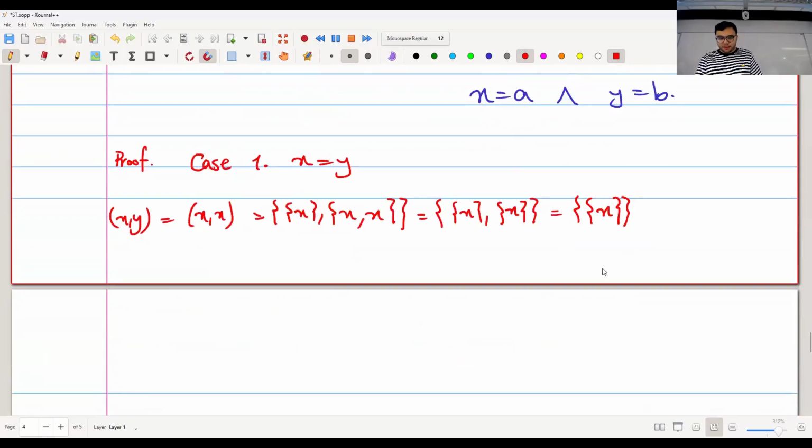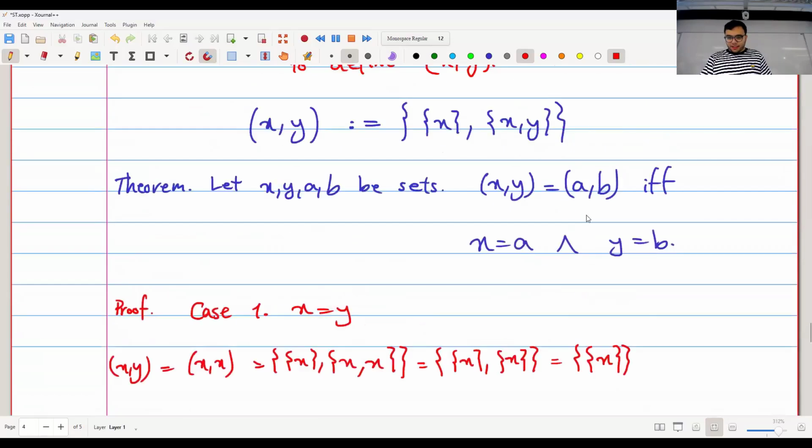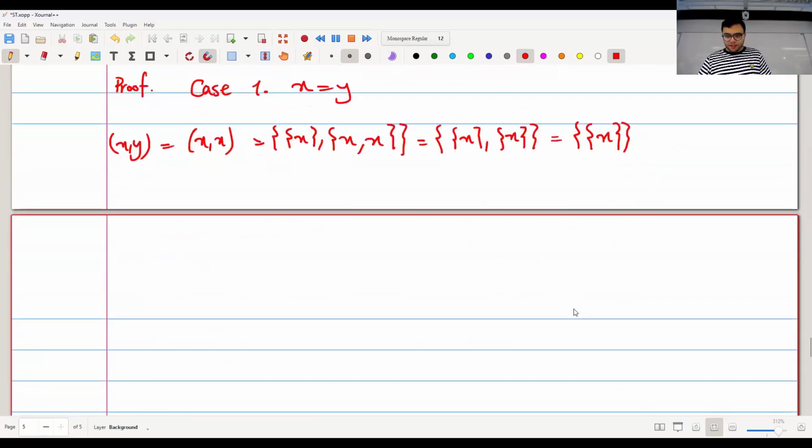Okay. So in this case, suppose that this is equal to AB. So we have that this thing is equal to the pair AB. Right.